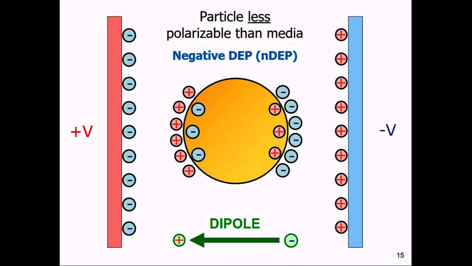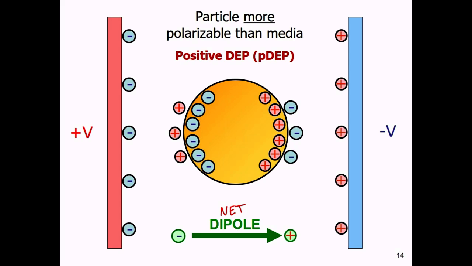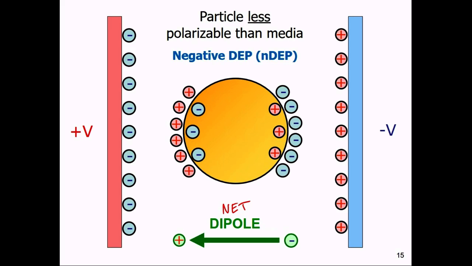On the next slide, we have where the media is more polarizable than the particle, and notice that the net dipole has swapped. It's switched. So I'll go back to the previous slide. The particle is more polarizable. The dipole orients, for this example, negative on the left, positive on the right. For this example, positive on the left, negative on the right.